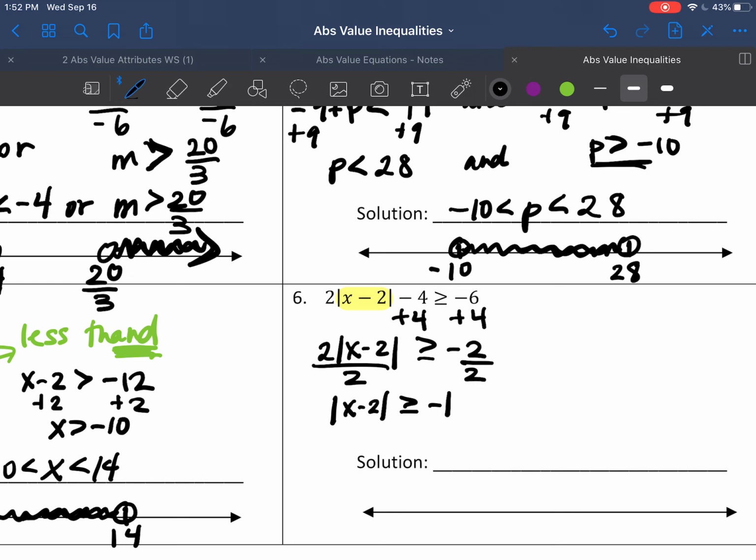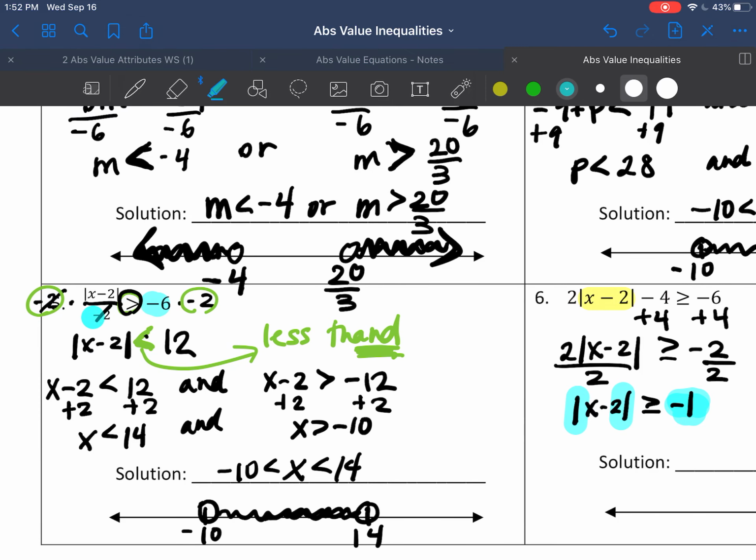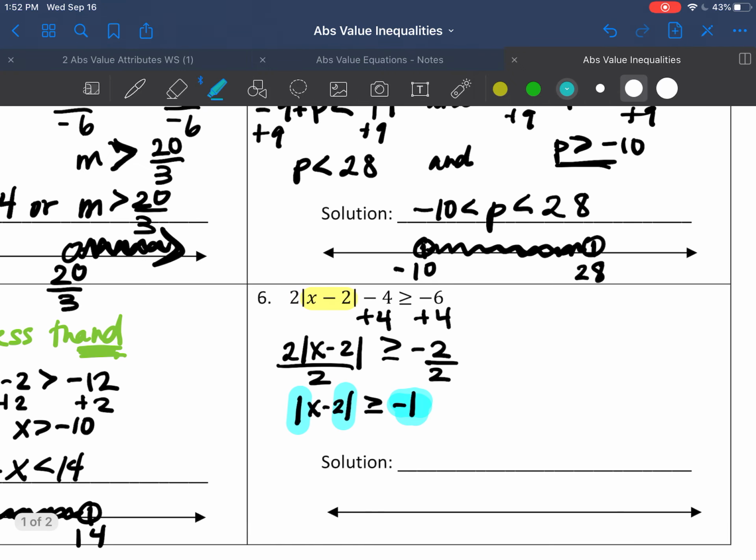All right, so here we are dealing with absolute value and we have a negative sign. Anytime you run into absolute value compared to this negative sign, and this means I've isolated first, because here we had a negative, but after I isolated, it got taken care of.